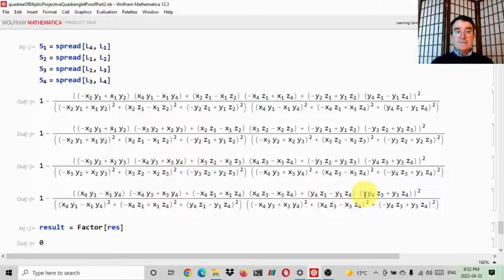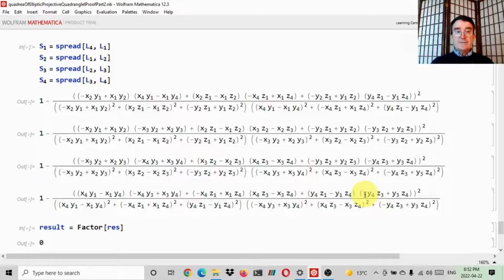So we're going to substitute the values we computed for all the quadrances and spreads in terms of the x, y, z in this long expression here, and then factor that all out. And we're hoping to see the left-hand side minus the right-hand side equal to 0. So when we factor it all out, we should see 0, which is what we do see. So we get the result of 0.